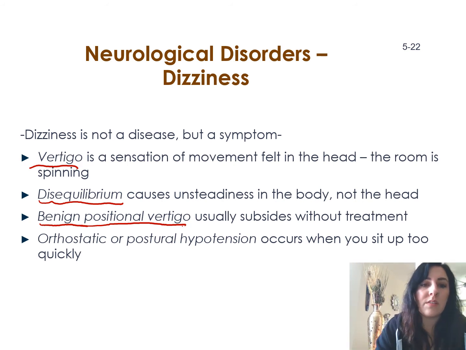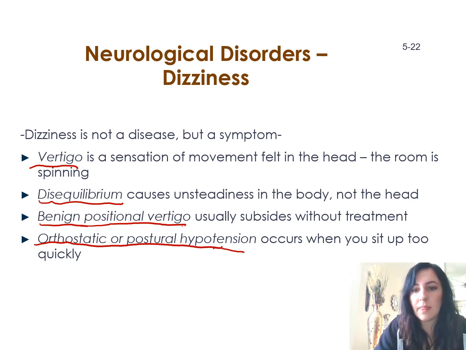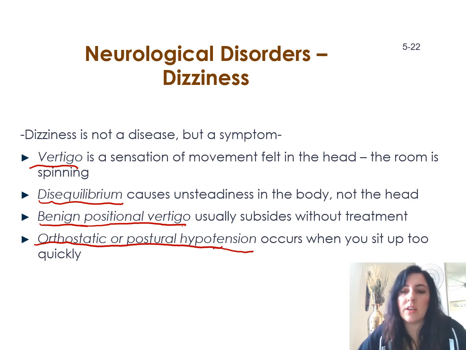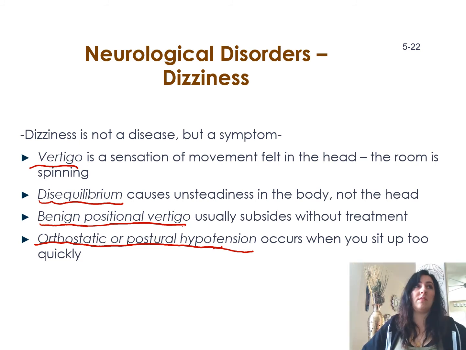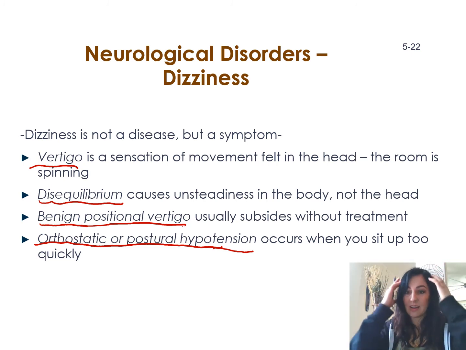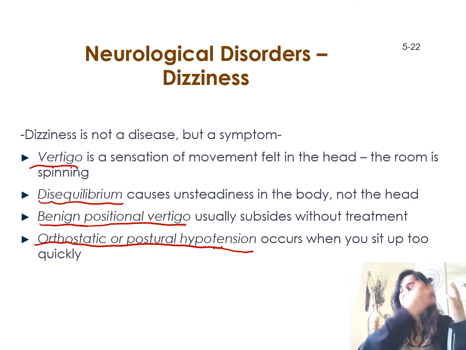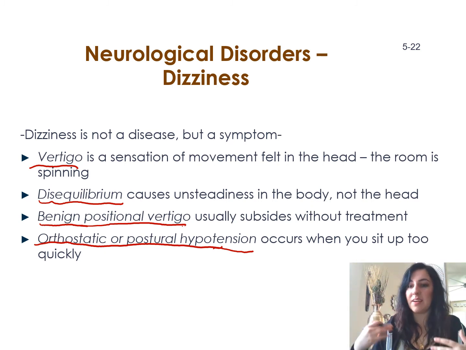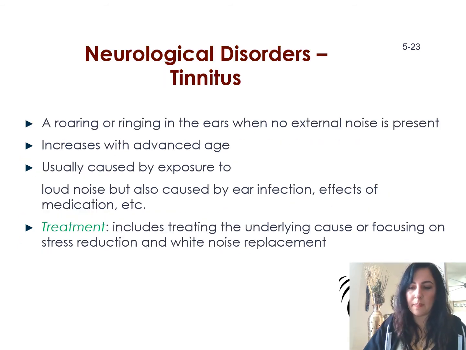Then we have orthostatic or postural hypotension, which can occur when you sit up way too quickly. Have you ever sat up way too quickly and then suddenly the blood kind of went down and you don't necessarily feel full up here, if that makes sense? It's something like that.